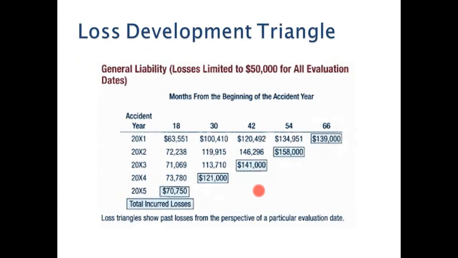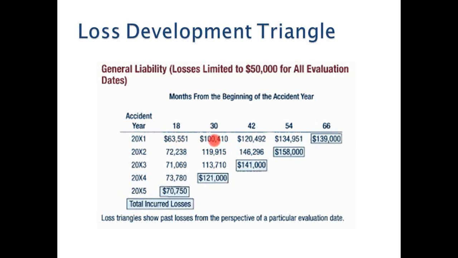And so that's why you see maybe the claim went from 63,000 to 100. Or another piece of it would be that I was off work for a longer period of time. Whereas before they thought I was only going to be out for a week, now I'm out for 6 months. That's what also counts for that loss development.